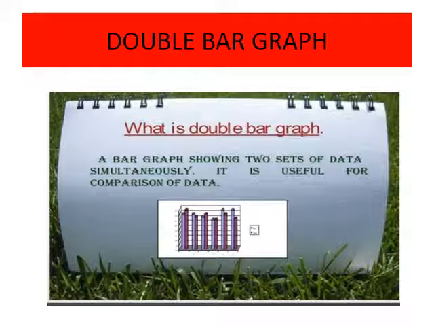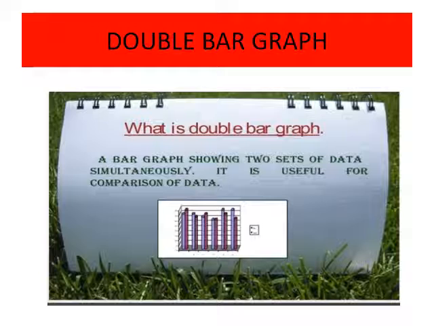So first, double bar graph. Children, you all know how to draw a bar graph that we have already discussed in our previous lecture of data handling part 2. Same is the procedure of double bar graph. But in a double bar graph, two observations are taken together.